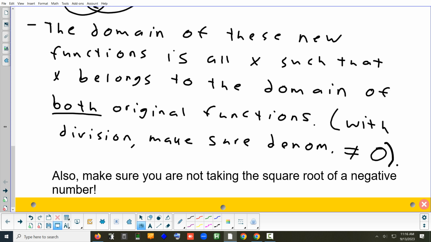We also want to make sure we don't take the square root of a negative. Those are the two things that I keep mentioning all year when we talk about domain. Don't divide by 0, and do not take the square root of a negative. If any one of those things could happen, you need to tell me numbers I can use so it does not happen.